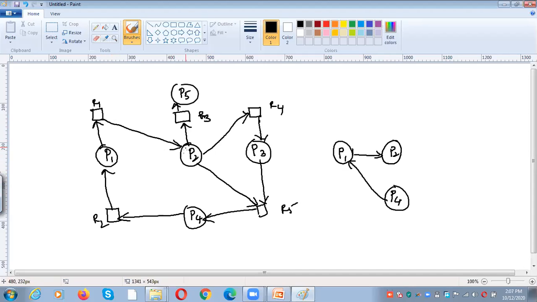Come to P2. For P2 we have multiple connections. If you observe here, the P1, P2 connection is already done. We need to talk about the remaining parts.